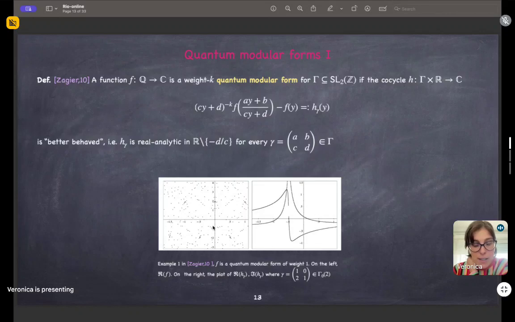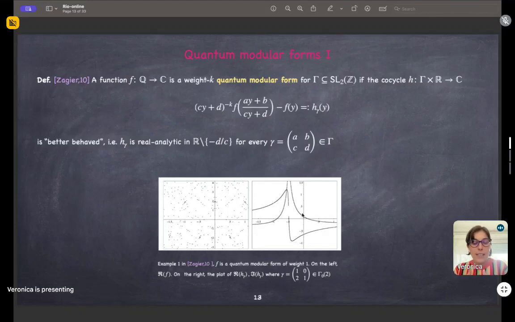And here I just put a picture that I took from the original paper of Zagier, to give you an idea of what it means to be better behaved. If you have a function defined over the rationals, you can't hope for any analytic property. So on the left-hand side you see the plot of the function f over a bunch of points for a specific example. On the right-hand side you see instead the plot of the real and imaginary parts of the function h.